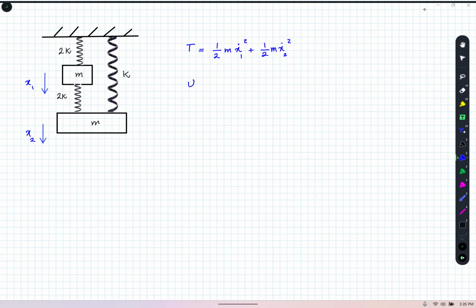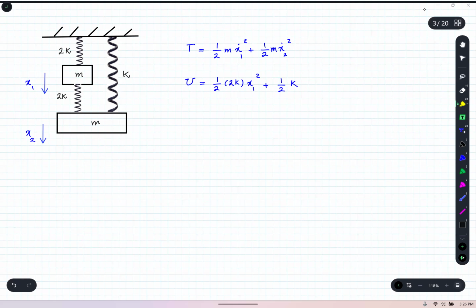And for potential energy, since there are pre-stretched springs at equilibrium, we don't worry about the gravitational potential energy. It's only the springs. So I have my first spring 2k, which deflects by x1. That's easy. Then I have the other spring.